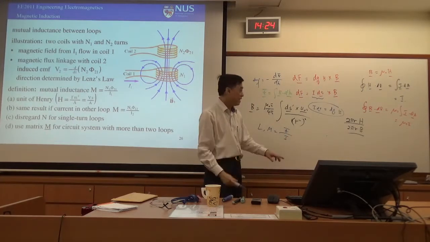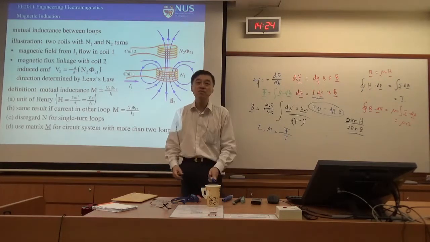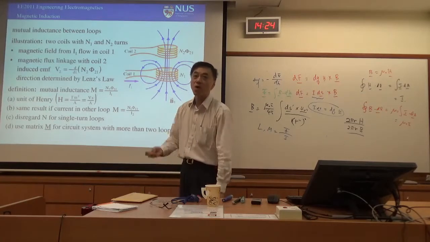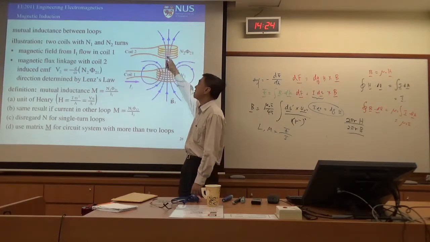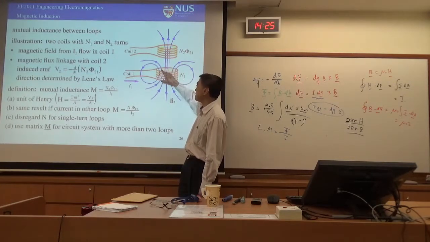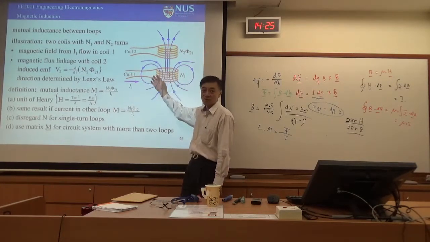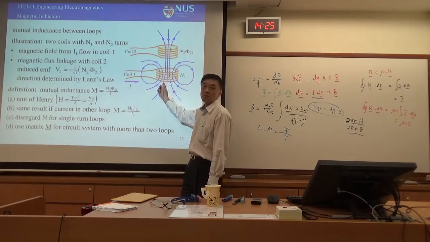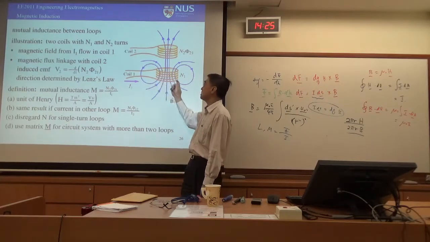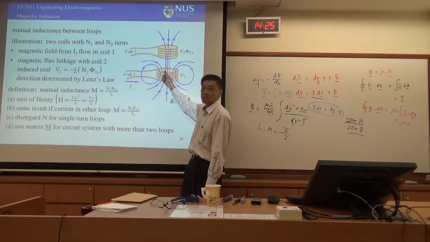Now I write it this way, but you have to be careful: the flux must include all terms. For instance, the flux generated by this coil, say there is a current flowing, must be equal to the flux generated by one coil multiplied by N1.